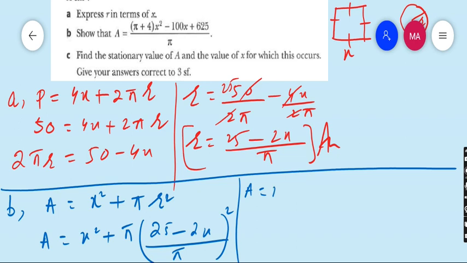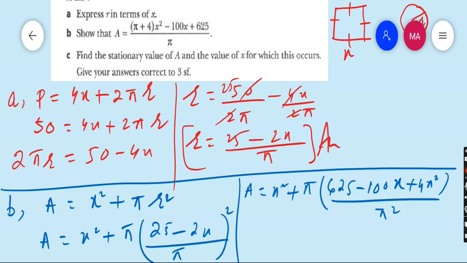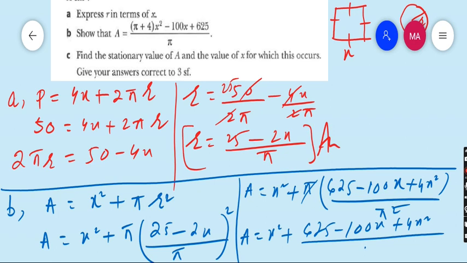So area is equal to x² plus π, and 25 minus 2x whole squared can be expanded by the a minus b whole squared formula: 625 minus 2 into 25 is 50, so 100x plus 4x² upon π². π cancels by its square, so area is equal to x² plus 625 minus 100x plus 4x² upon π.